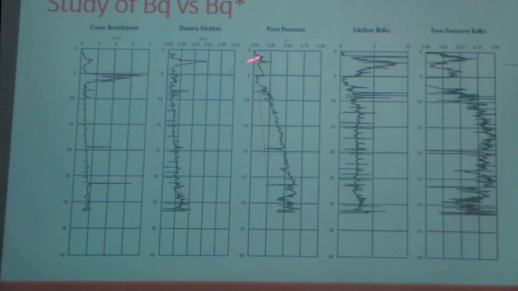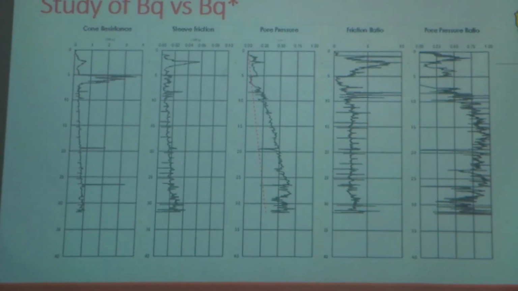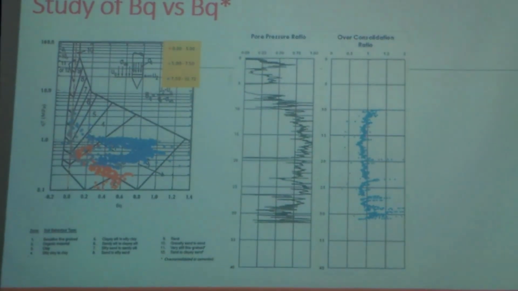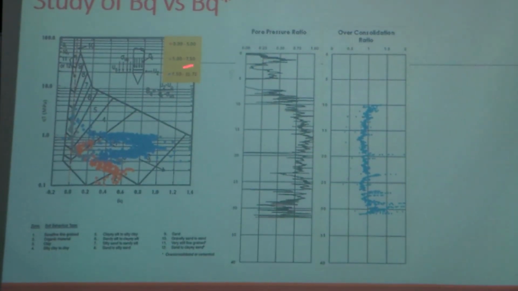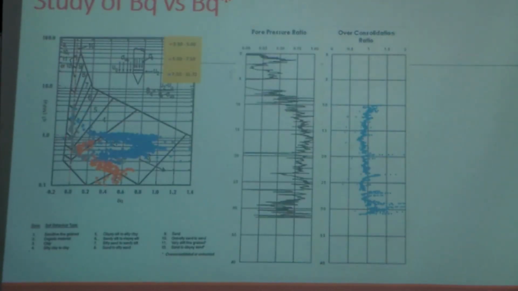One of my students, Ricky Setiawan, did the correlation between BQ and BQ star. So that is the data that he used. We found this from the BQ, and from the BQ star we do the correlation. The red one is BQ, the blue one is BQ star. Oh, one other important thing, sorry.